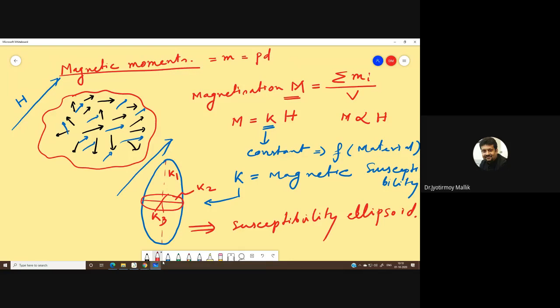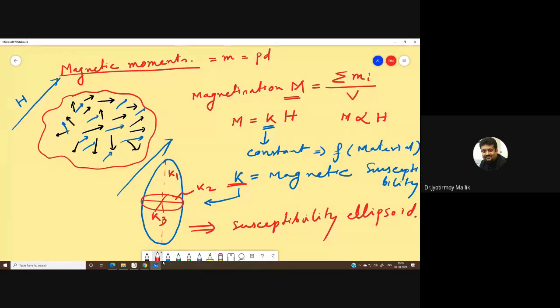So what do I mean by that? That this susceptibility, this term K, is actually anisotropic. It depends on the direction. The susceptibility along the X direction is different from its Y direction and from its Z direction.